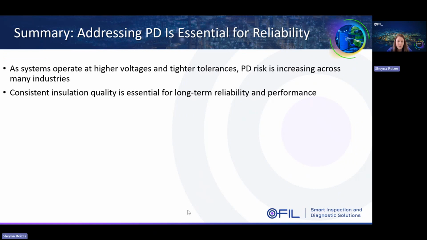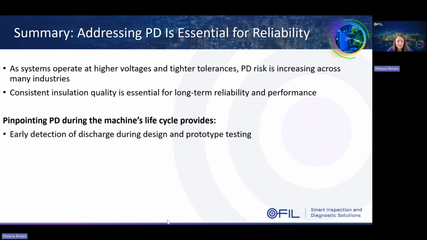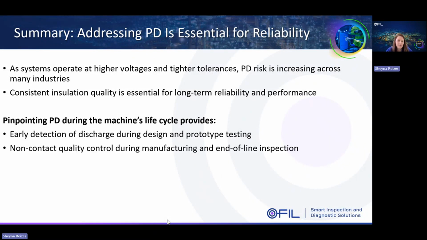That's why consistent insulation quality is essential for the reliability of those systems. By pinpointing partial discharge during the machine's different life cycle stages, we can detect discharge early during design and prototype testing. We can perform non-contact quality control during manufacturing.